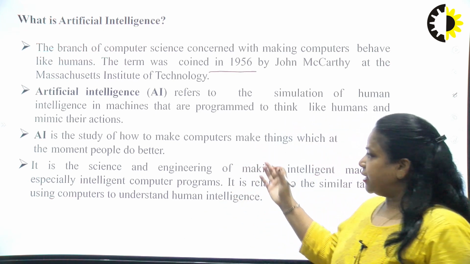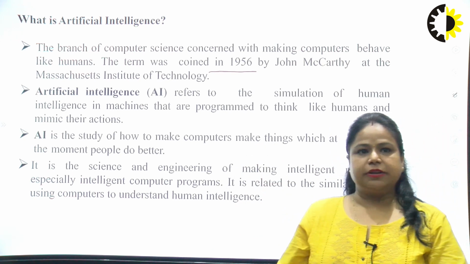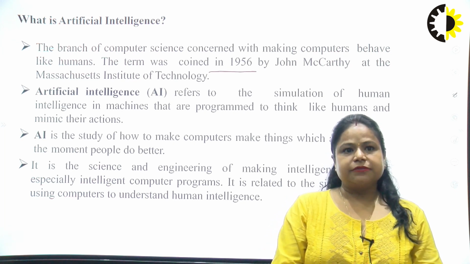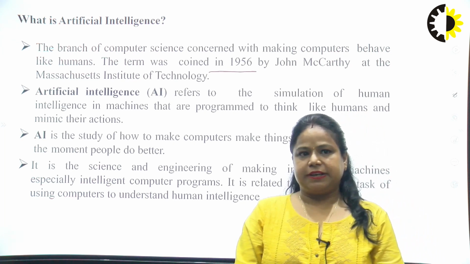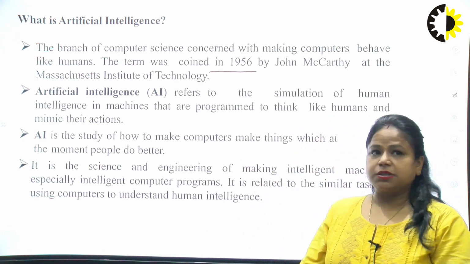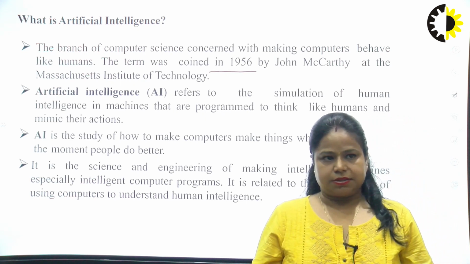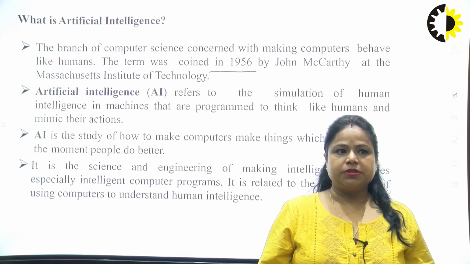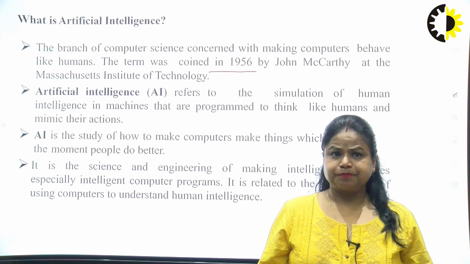You can see I have written three definitions in different ways so that you can understand in a better way. First of all, artificial intelligence refers to the simulation of human intelligence in machines that are programmed to think like humans and mimic their actions.